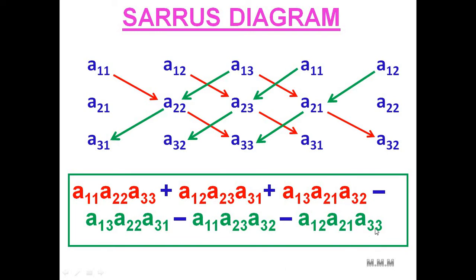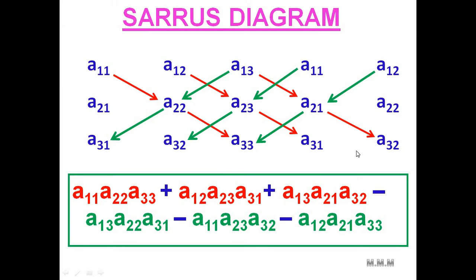It will be a number, or you can say it will be associated to a number for a matrix of order 3. It's very easy to understand, very easy to learn. What we have to do, again I am going to explain it. This is the matrix of order 3 by 3.